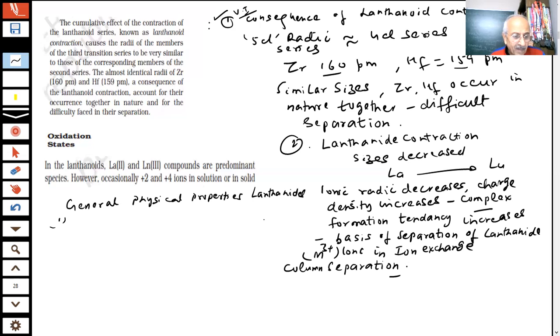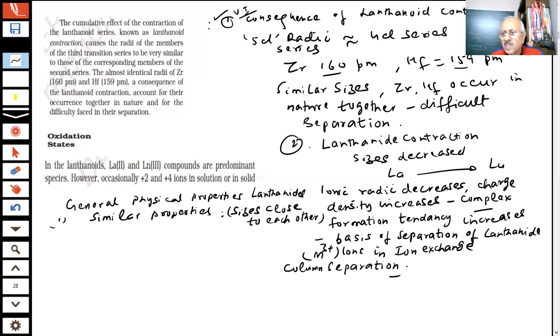Since the sizes are close to each other, they will have very good similarities in their properties. In general, they have very similar properties. Why? Because their sizes are quite close to each other. There's not a big difference in the sizes.